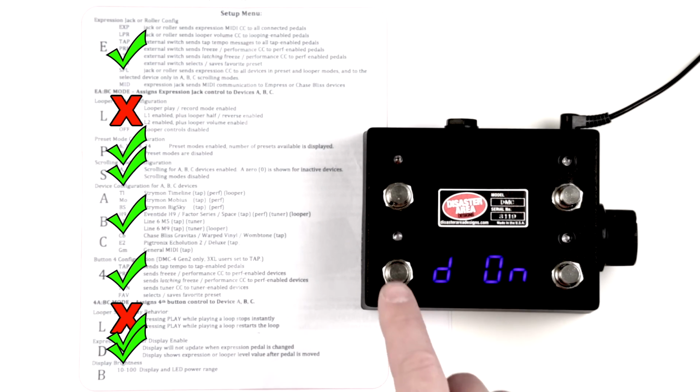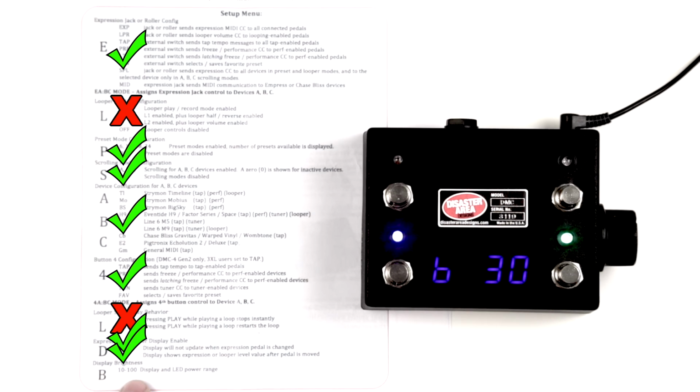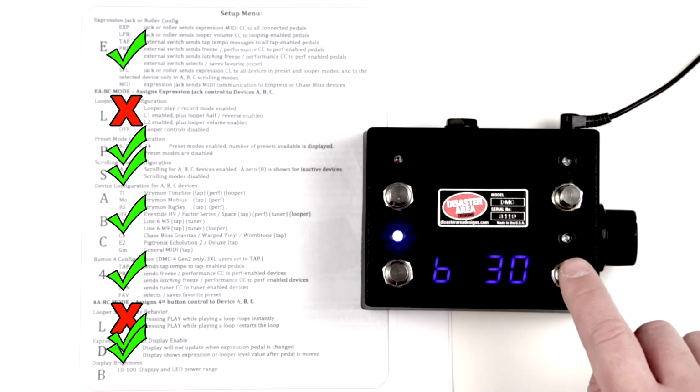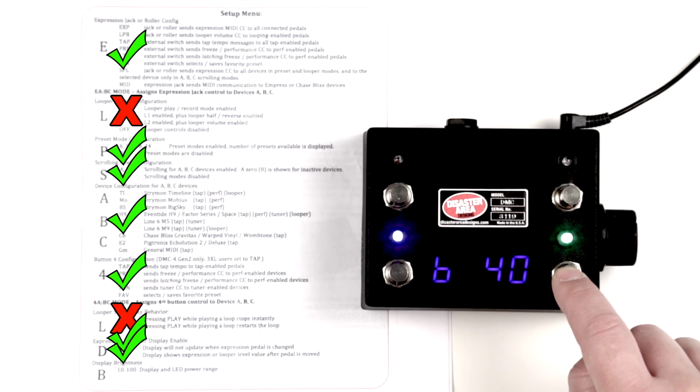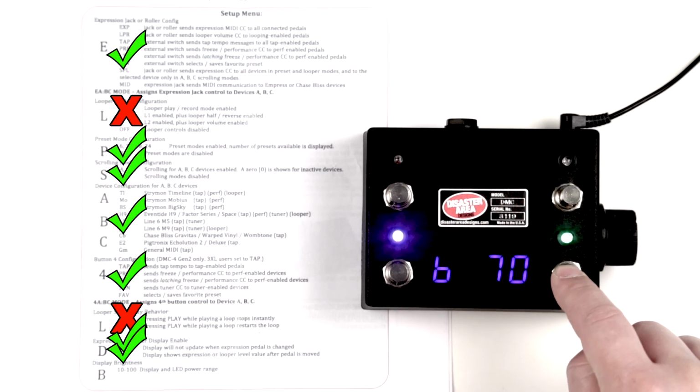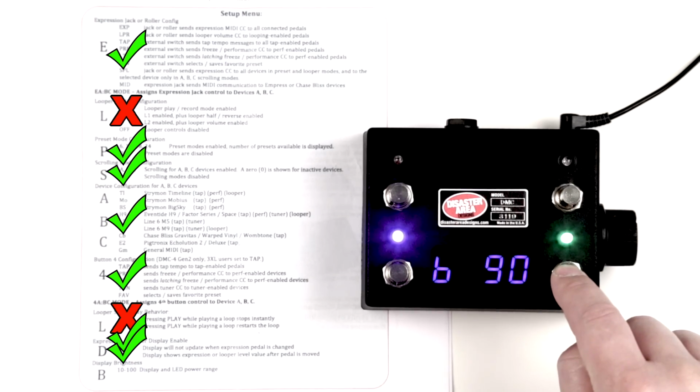Okay, lastly is display brightness. You can go from a value of 10 to 100. To me, a lot of the Disaster Area stuff, the LEDs were cool, but they were just way too bright when I was trying to look straight down. So this is a great feature that Matthew's put on here. I have mine currently set to 30, so you can tell I like kind of a dim LED.